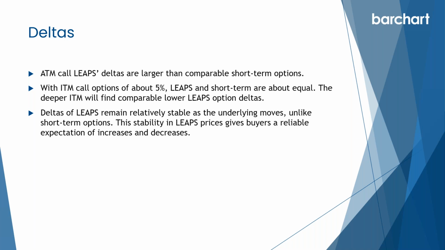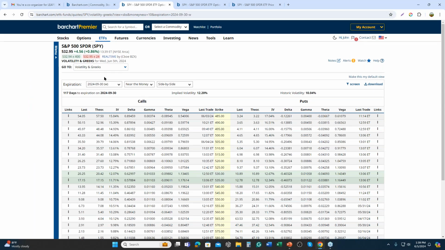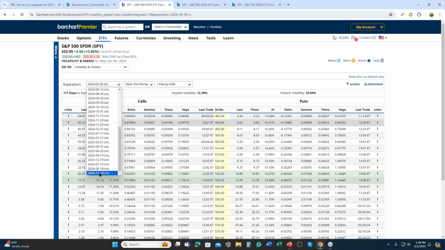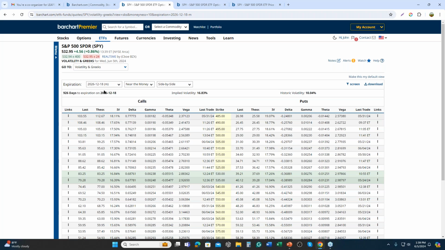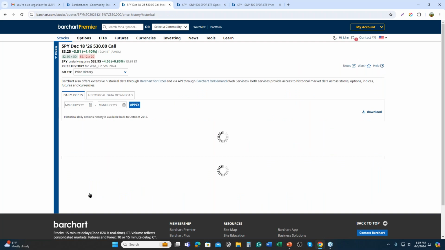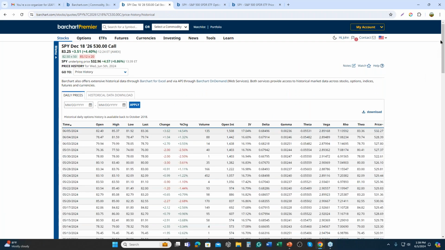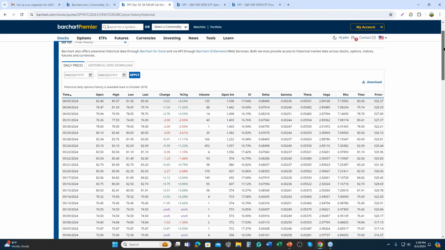So let's go back to our LEAPS. Again, our longer term LEAP, and I'm looking at that 68 delta at the money. If I go into these 3 dots here, this is called links, and I could look at price history. This is what I'm pointing out to you.